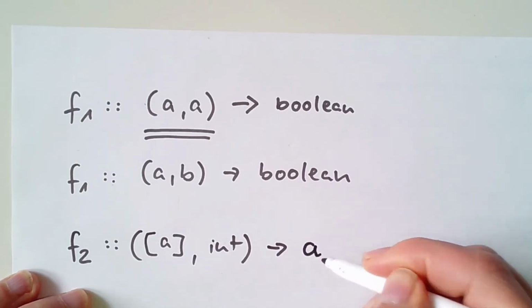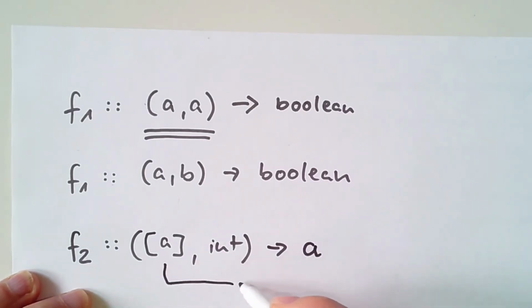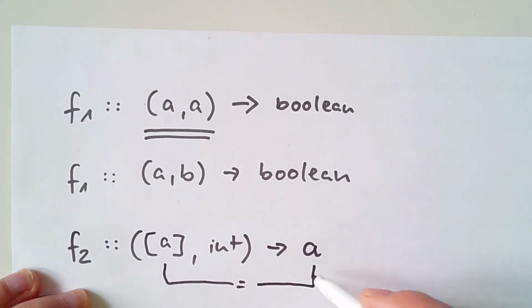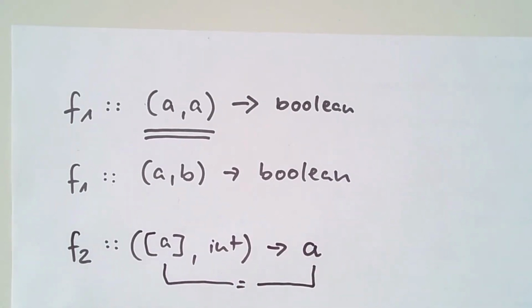We would return A. So these two have to be the same. So a limited form of polymorphism indeed inside PostgreSQL. What this function would probably do is use the integer index to select one particular element from the first collection, from the array or list, and then return that particular element.